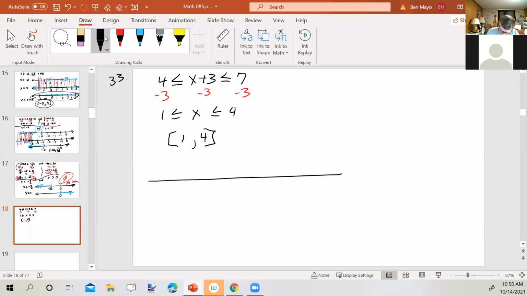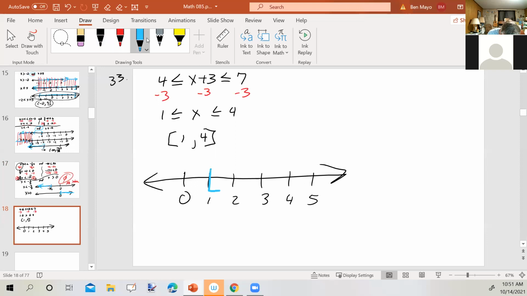And how would you graph it? Let's see, 0, 1, 2, 3, 4. We've got from here to there, like that. Okay. Any questions on that one?